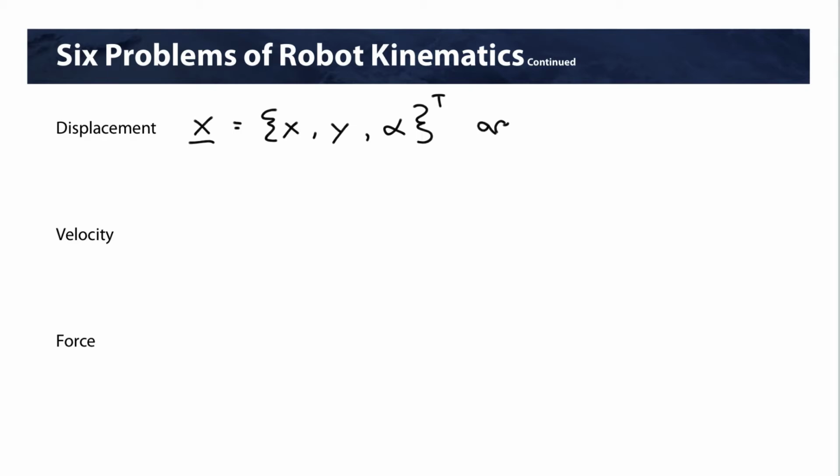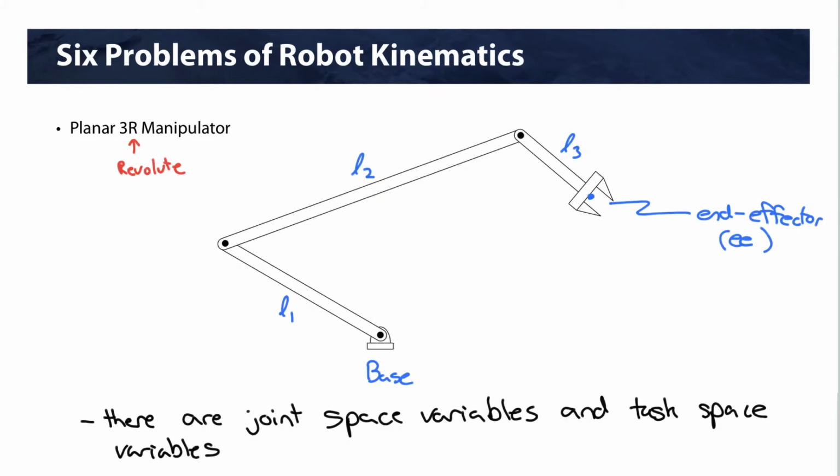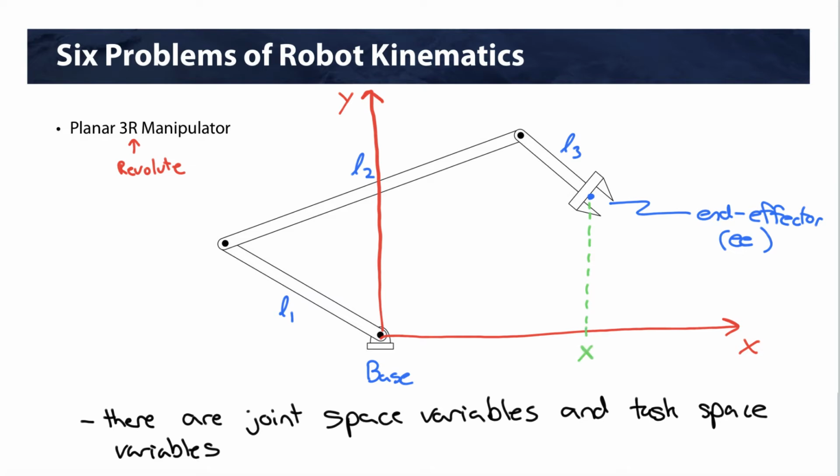So these are the task space coordinates, or variables. So if we go back to our robot here, let's draw in a reference frame. So this will be our y-axis, and this will be our x-axis. Our position of our end effector, this will be our x coordinate.